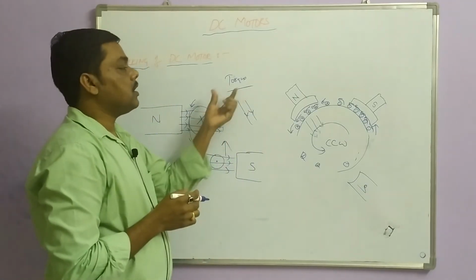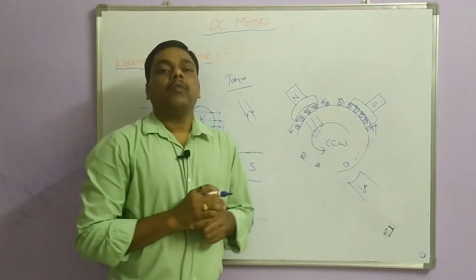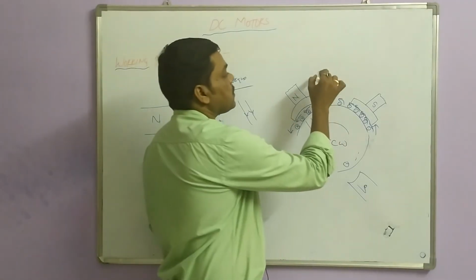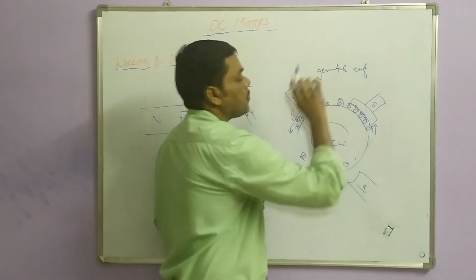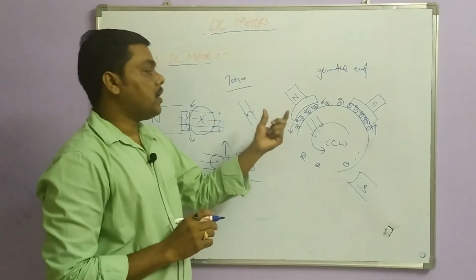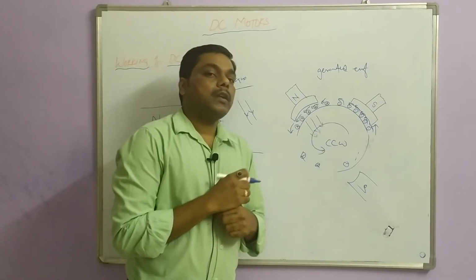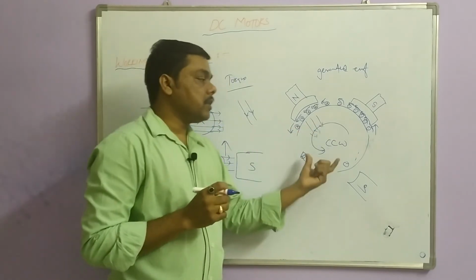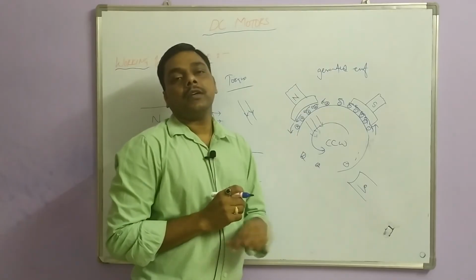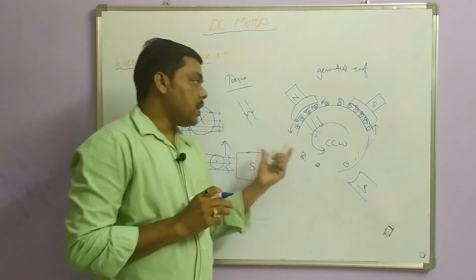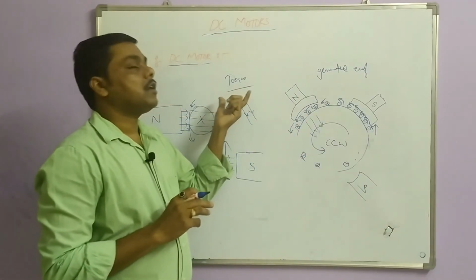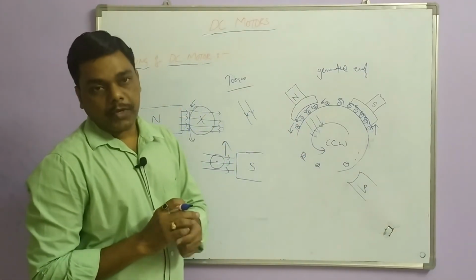So this term is related to motors, whereas in generators we discuss the generated EMF. EMF is generated in armature conductors. Here also we are generating the EMF when you apply the voltage and current, but collectively the conductors experience a torque, which is a mechanical phenomenon.